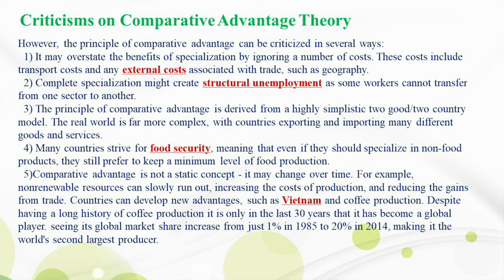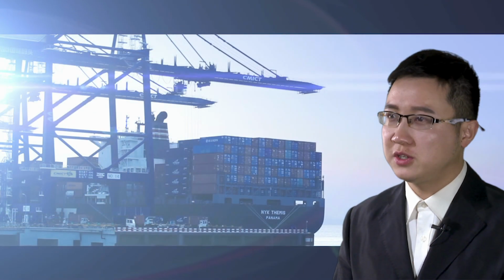The principle of comparative advantage is derived from a highly simplistic two-country model. The real world is far more complex, with countries exporting and importing many different goods and services. 4. Many countries strive for food security, meaning that even if they should specialize in non-food products, they still prefer to keep a minimum level of food production.